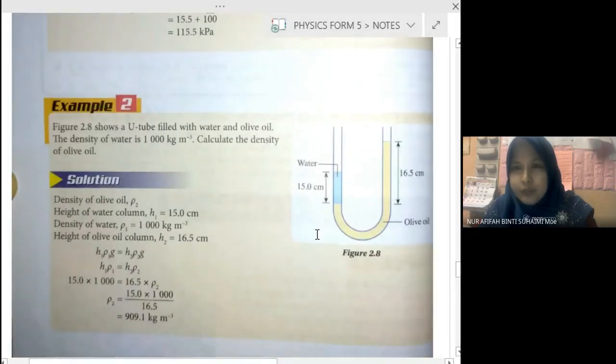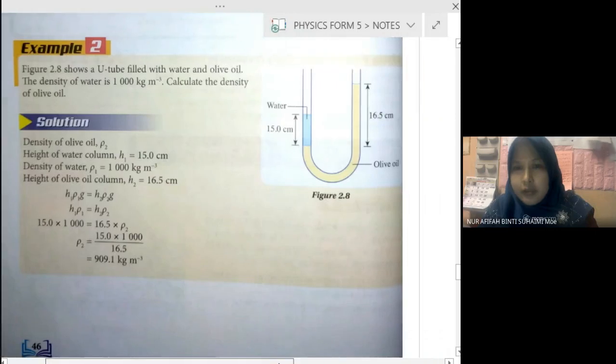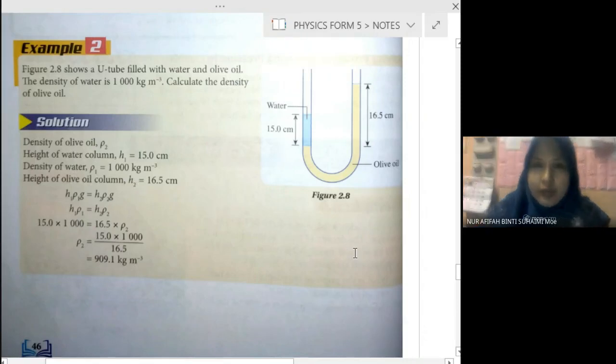Now this one is for comparison of pressure between two liquids. Look, they have given H1, H2, P1, so find P2.